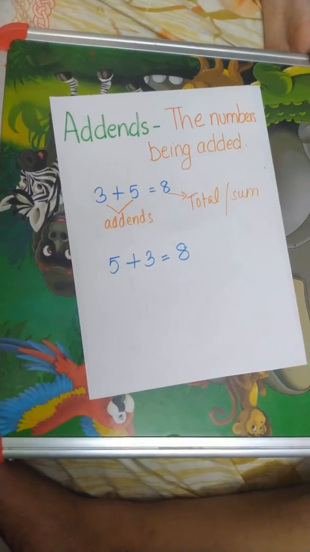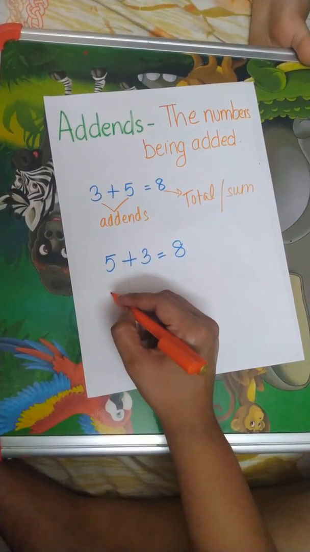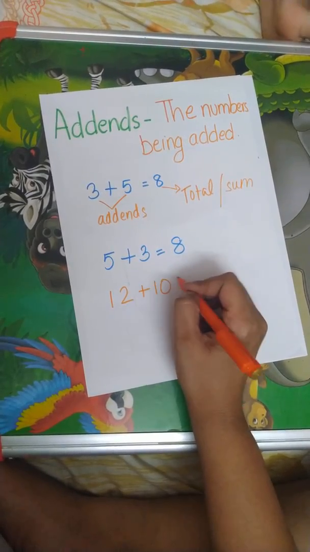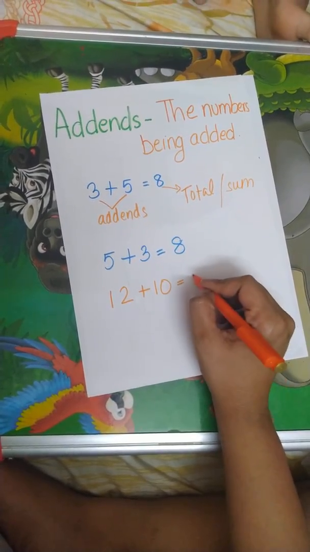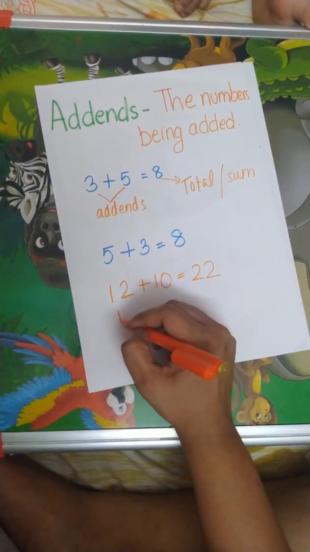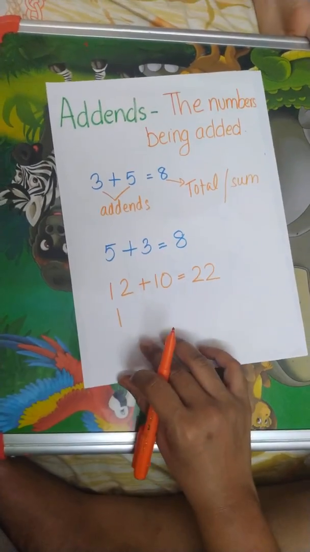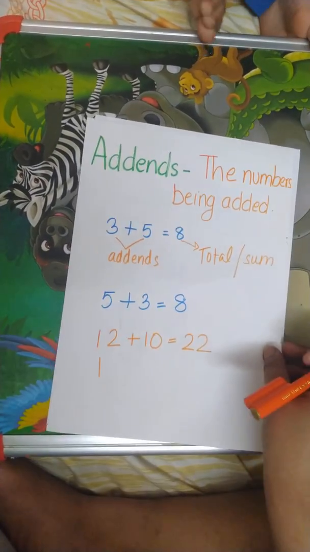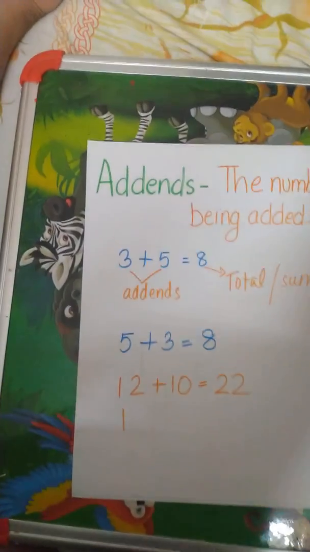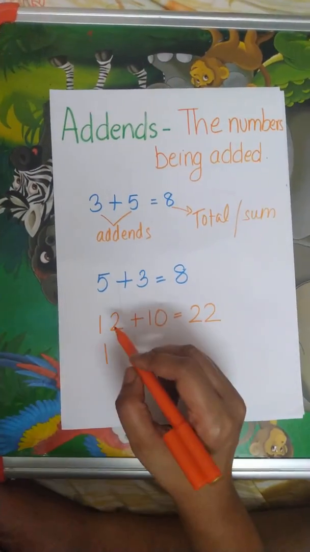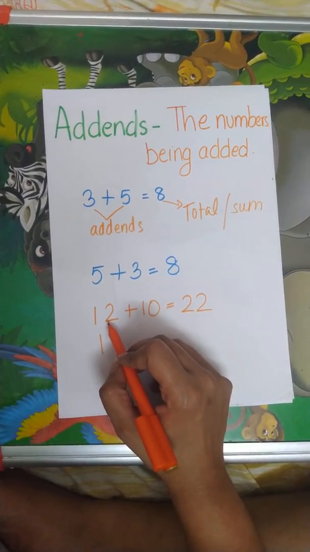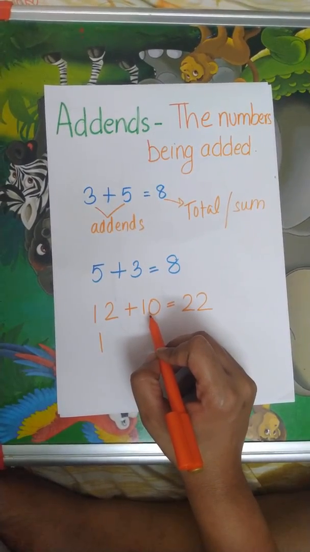I'll take more examples over here. Suppose I have written 12 plus 10. The answer is what? 22. Here I'll change the order of the addends. So order is what? The order is that here 12 has come first and then the second addend is my 10.